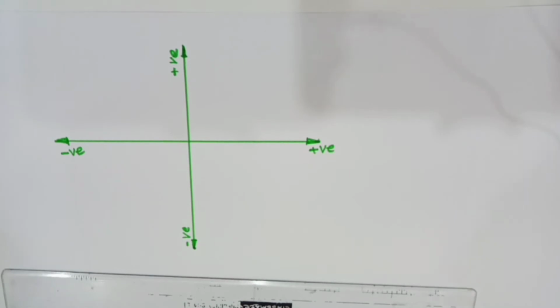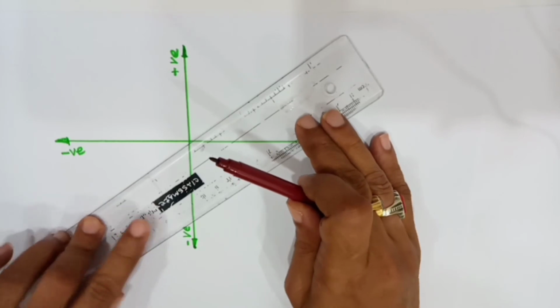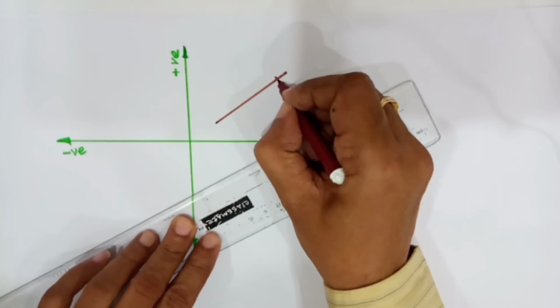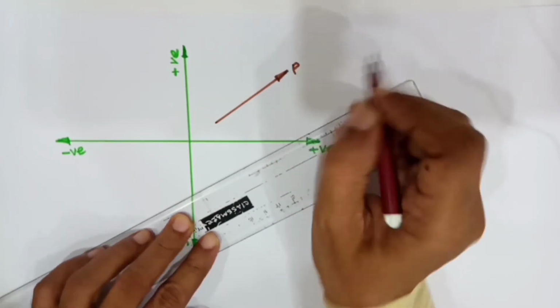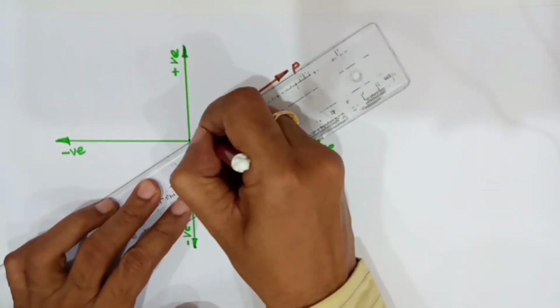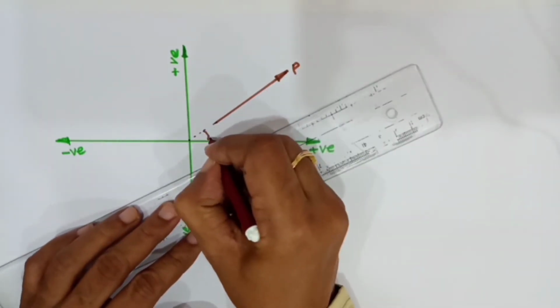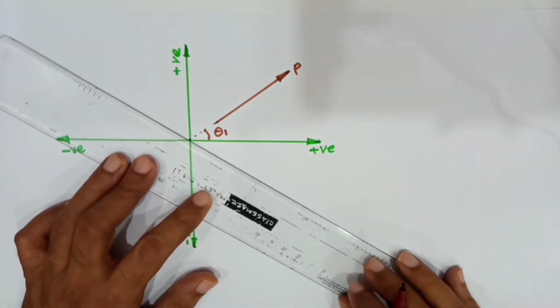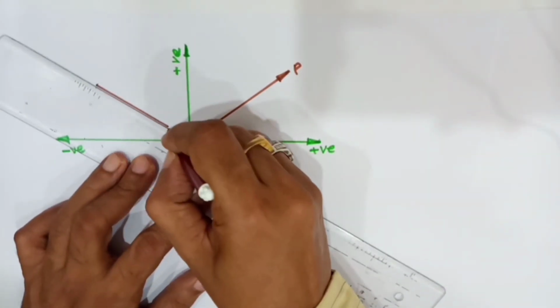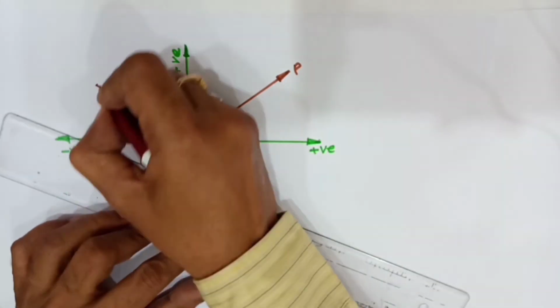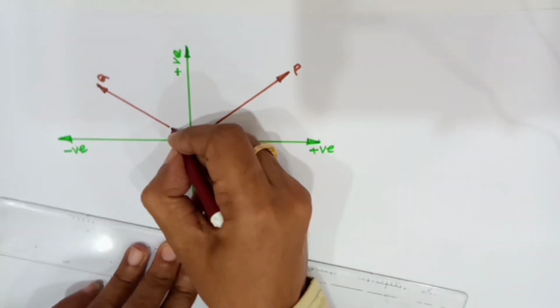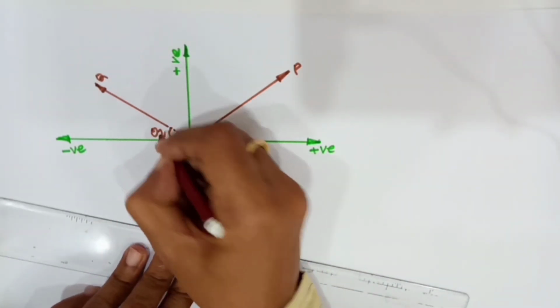Then force P is making an angle theta 1 with the horizontal. Force Q is making an angle theta 2 with the x-axis.